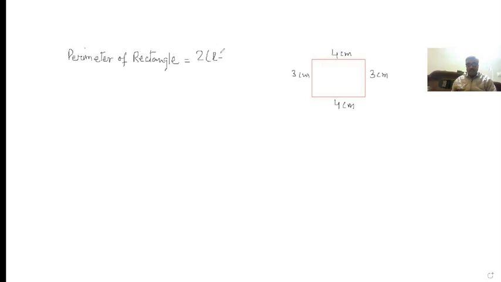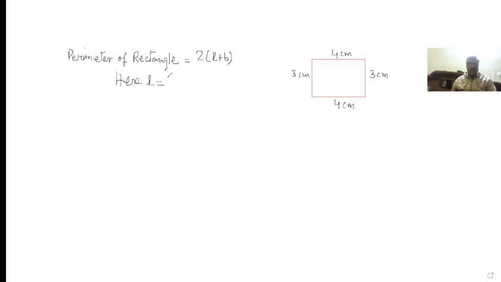Revise: a rectangle whose length is 4 centimeter and breadth is 3 centimeter. The perimeter of a rectangle is equal to 2 times (length plus breadth).